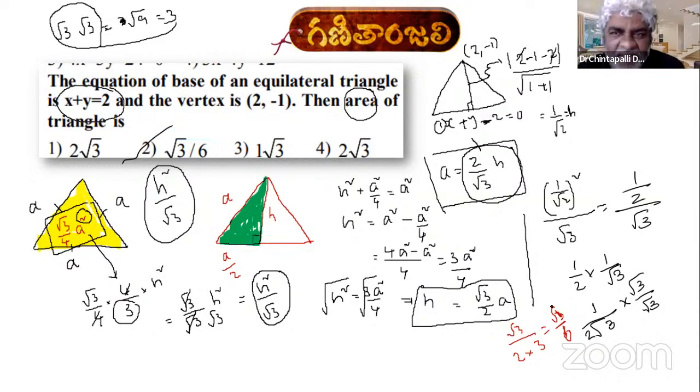The same can be done in a different way, in a traditional way. The formula to find area is root 3 by 4 a square. Agree? Yes, sir. But we don't know a.